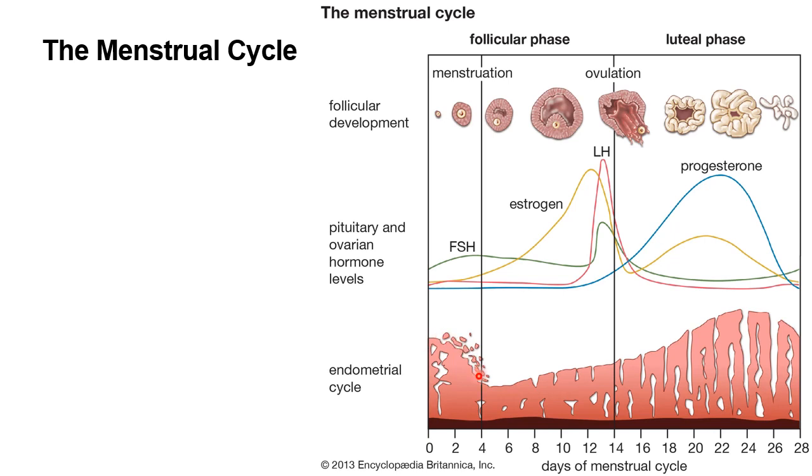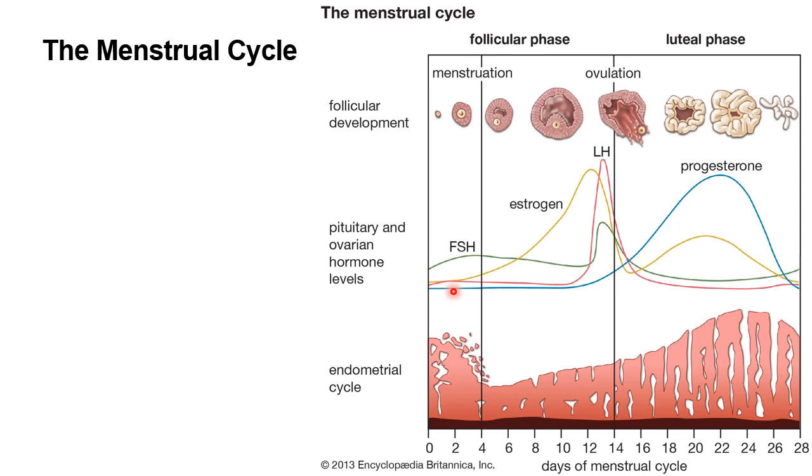Okay? So, because the levels of estrogen and progesterone during the menstrual bleeding phase are very low, there is no negative feedback because the levels of estrogen and progesterone are low. So there is no negative feedback to follicle stimulating hormone.